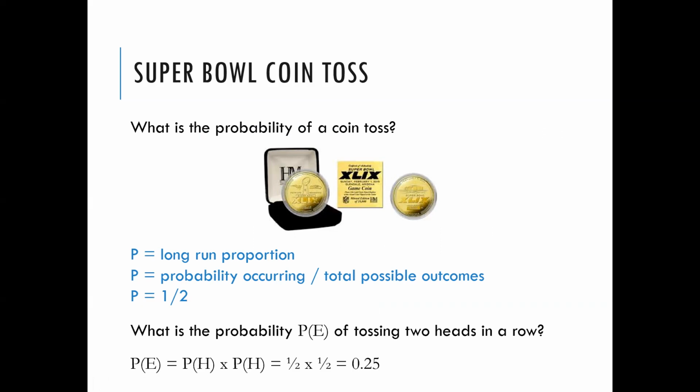So if we toss a coin and we see heads or tails, that's independent from a second coin toss in which we can observe heads or tails. So we just multiply those probabilities together. So P heads 0.5 times P heads 0.5, and we get a probability of 0.25. So the probability of tossing 2 heads in a row is 0.25.